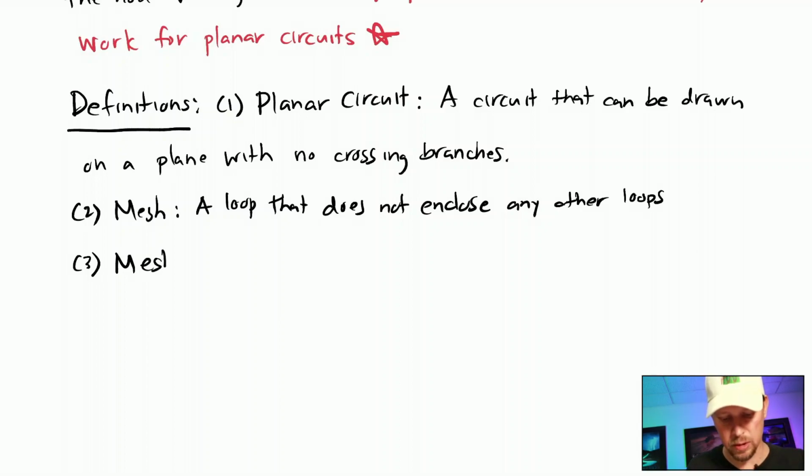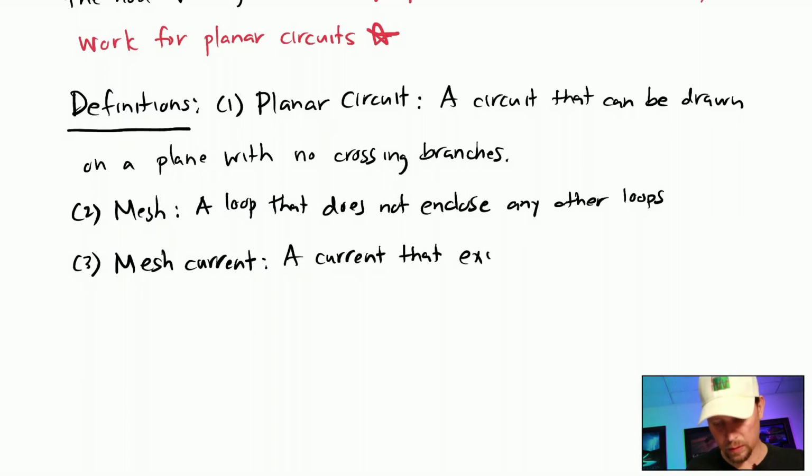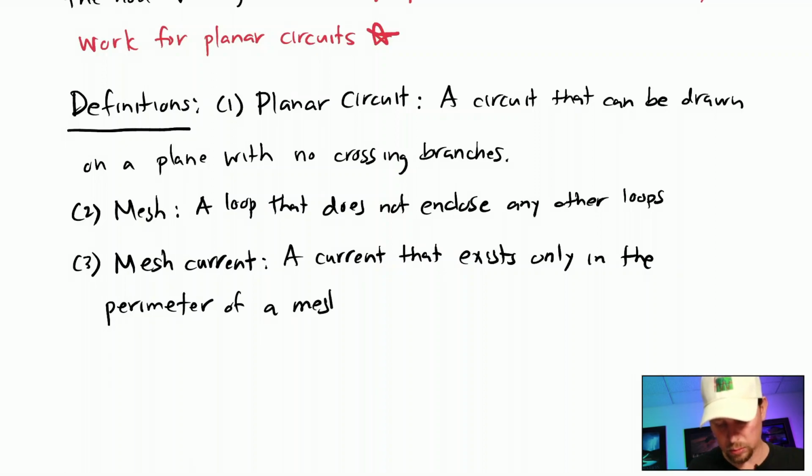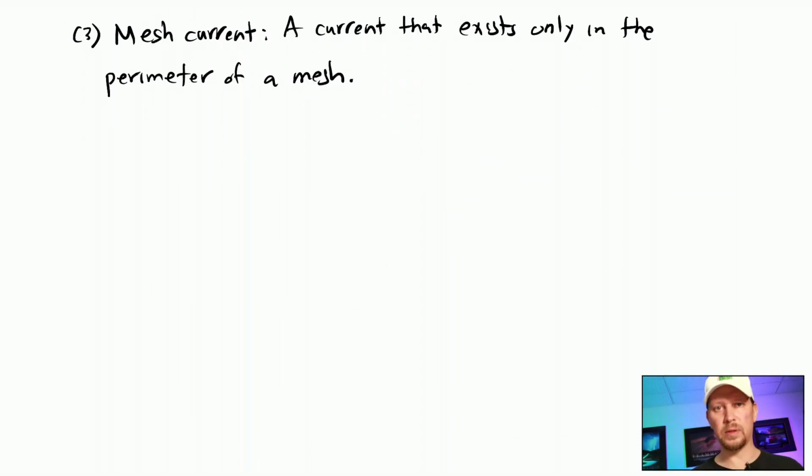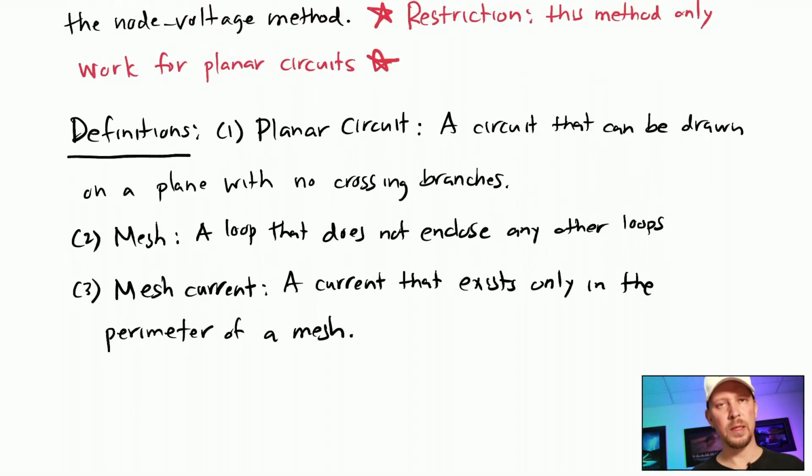So the mesh current definition is as follows: a current that exists only in the perimeter of a mesh. And we'll see how these definitions will help us develop this new technique of circuit analysis in the next few videos.